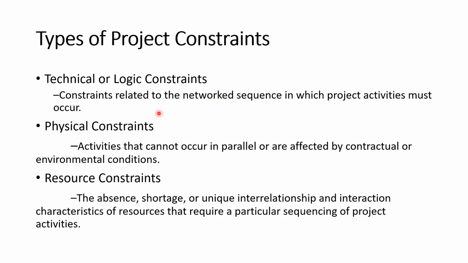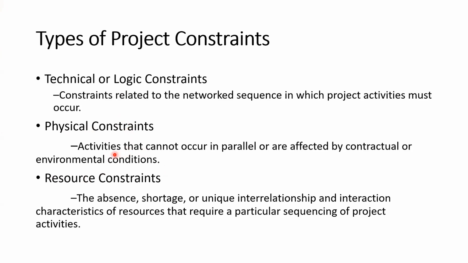If we are not completing some of the preceding activities, we cannot go forward with our project network, right? The next one is physical constraint: activities that cannot occur in parallel or are affected by contractual or environmental conditions.